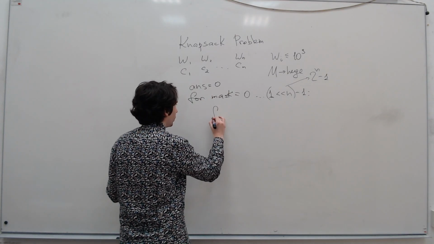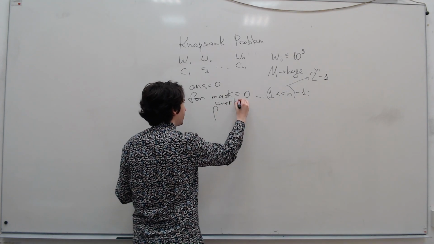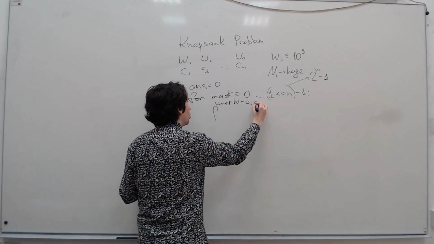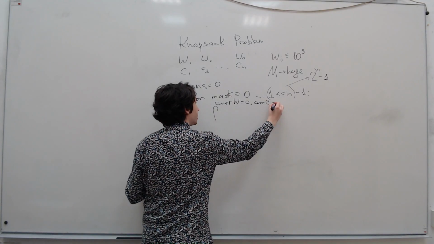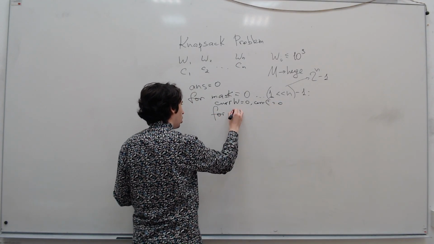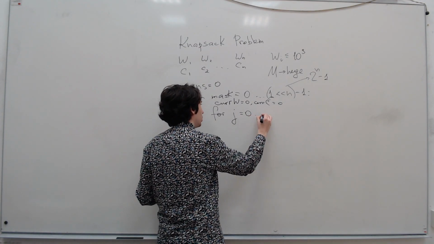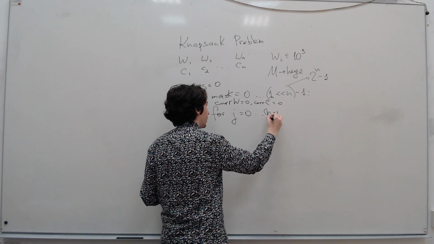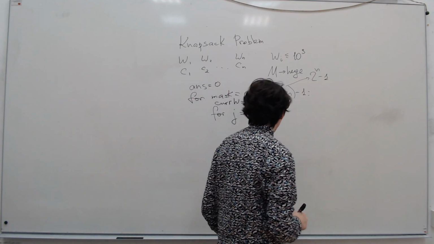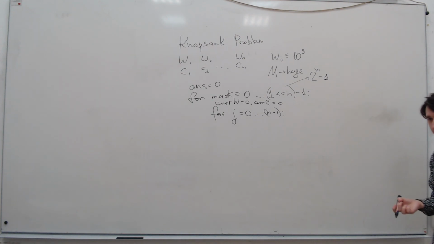Then we have current weight 0, current cost 0. We go over all elements j from 0 to n minus 1. We want to check whether j lies in this subset or doesn't lie in the subset.